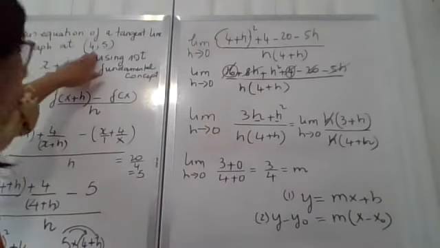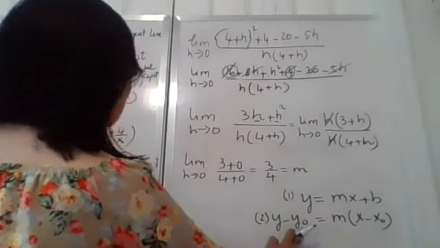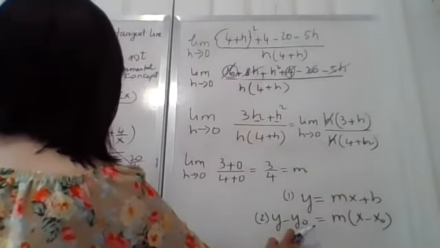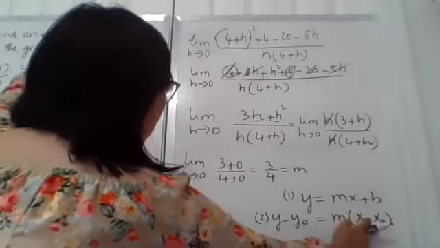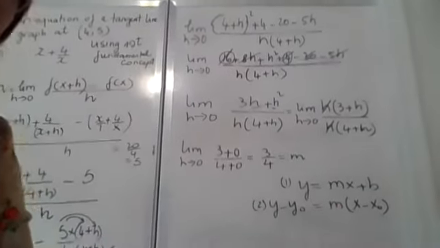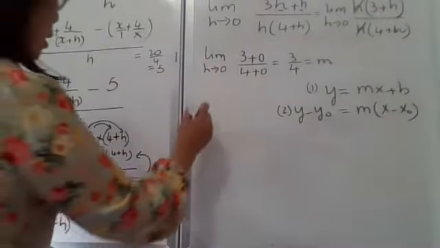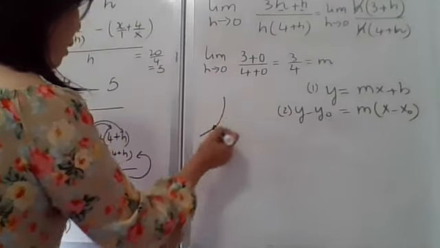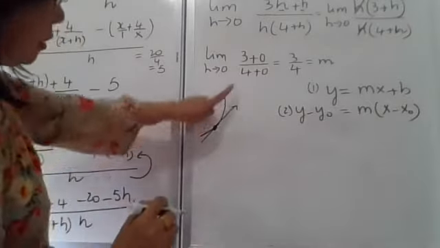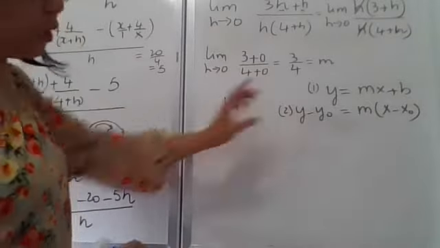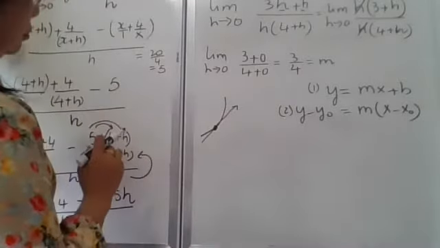Because we have a point right there already, (4, 5). So y0 represents our point's y, which is 5, and x0 here is just 4. So that's the way we find the equation of any line, right? Remember, we want to find the equation of the line because our tangent is a line. So we use the form of a linear equation here. It's nothing to do with the curve, right? The curve is this function, okay?